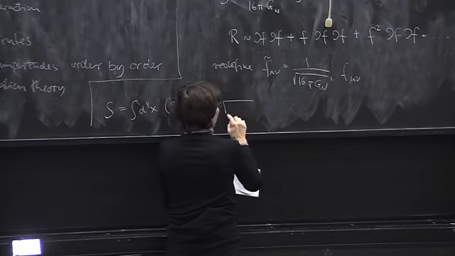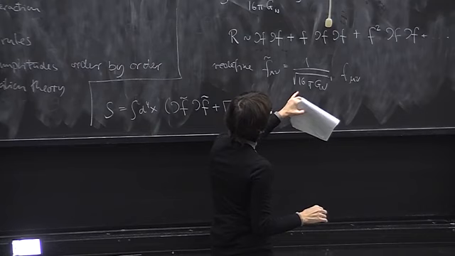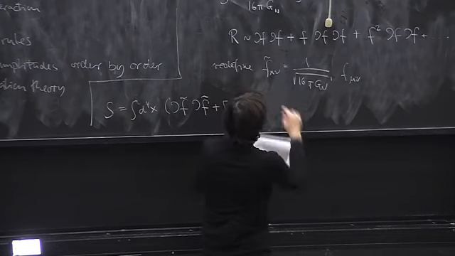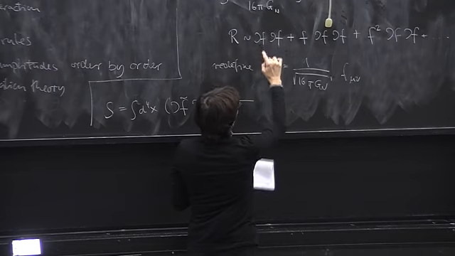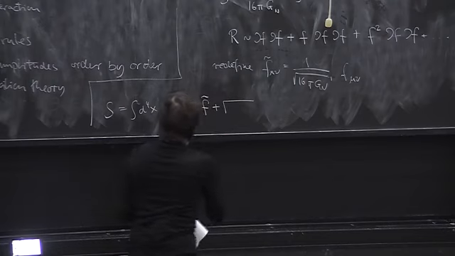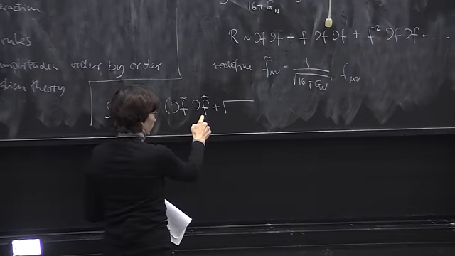Now, the derivative terms, multiplied by this prefactor, will always give me the same contribution, del f tilde.